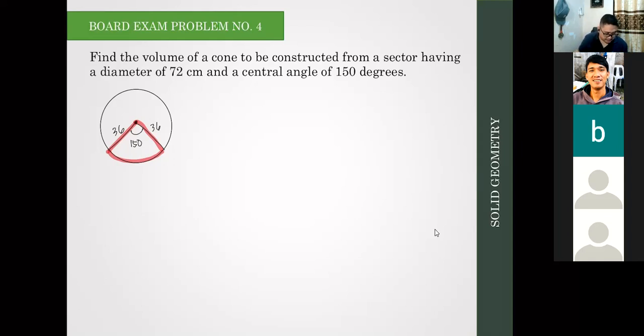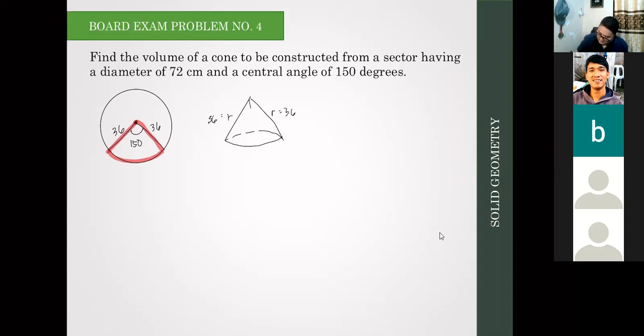Okay, so, yung cone na magagawa natin, ito yung itsura, no? Nababa, ito yan. Okay? So, hindi natin alam yung magiging values niya. Alam natin ito yung R natin na 36.